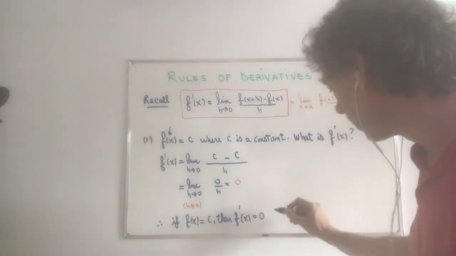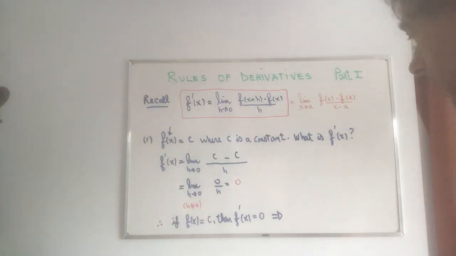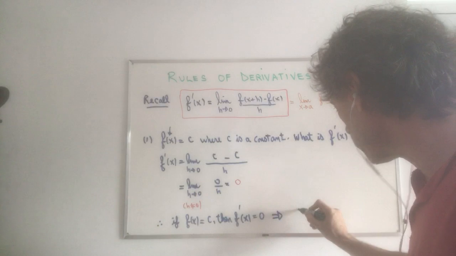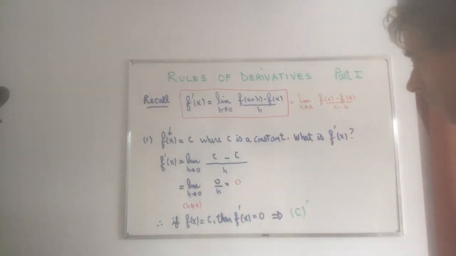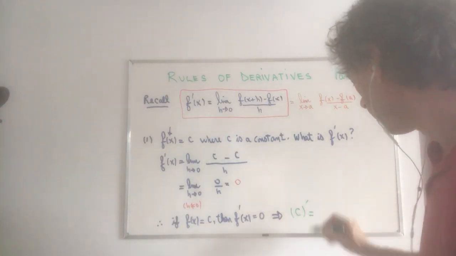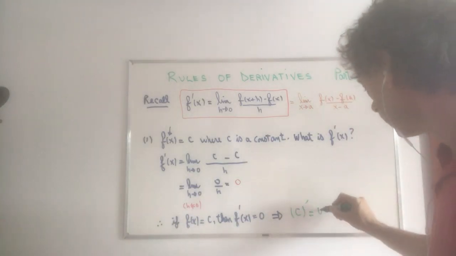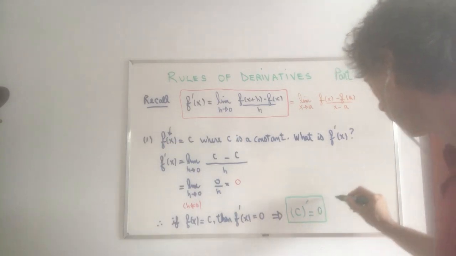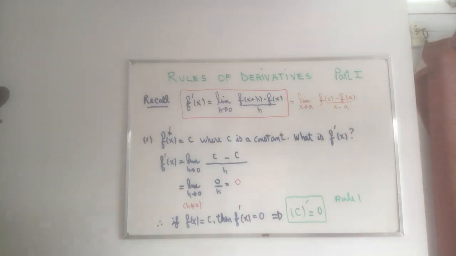So the derivative, in other words, in perhaps a more shortened notation, something perhaps we can box, what we're saying here is that if I have a constant and I take its derivative, like the derivative of 7, for example, what will that give me? The derivative of a constant has been proven to be 0. And that is rule number 1 of the derivatives.